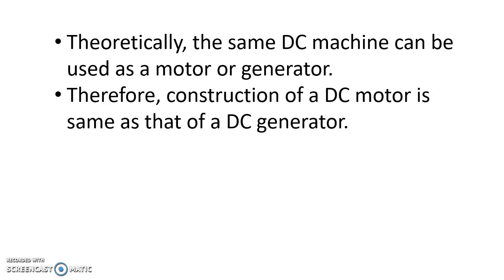The first PPT represents that theoretically the same DC machine can be used as a motor or generator. That means the construction is the same for both DC motor as well as generator, and we can use the same machine as a motor as well as a generator, because the combination of the components that has been described in the previous videos to construct a DC machine is used for both.